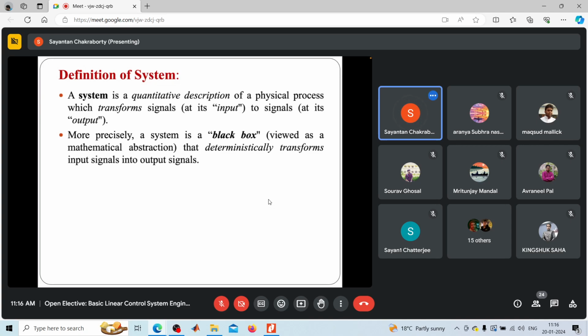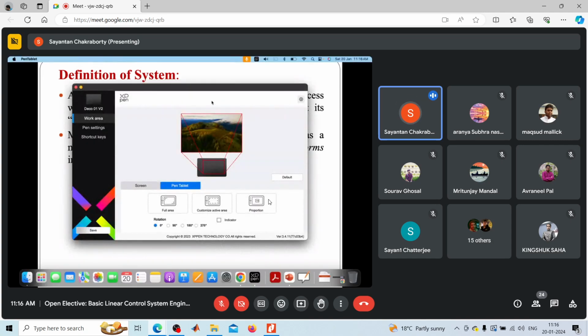In other words, a system is regarded as a black box that deterministically transforms the input signals to output signals. That is, it is not random, not vague or qualitative, it's quantitative. And you can express this transformation in terms of some mathematical expression. That is why it should be a black box that deterministically transforms. Here, the keyword is being deterministic.